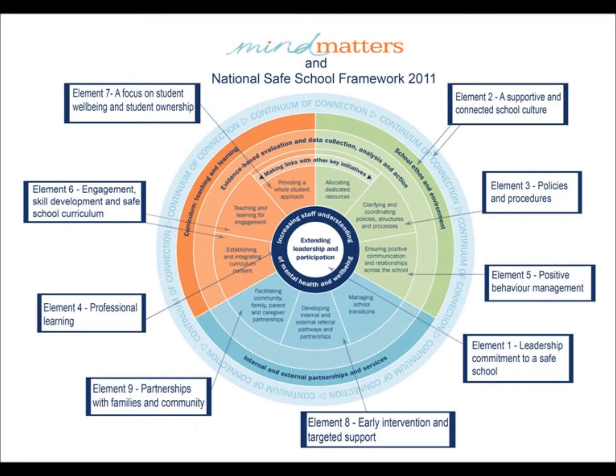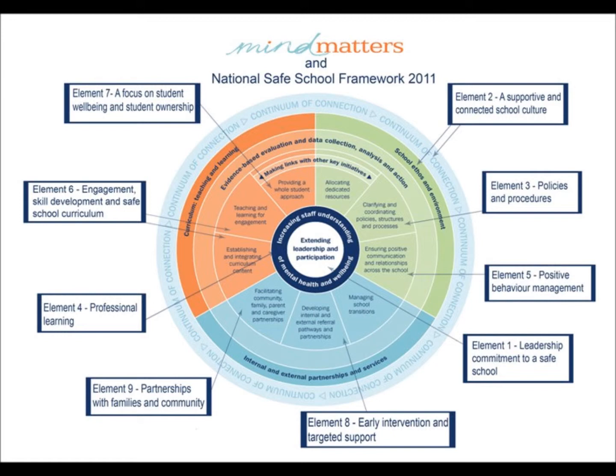Here I've used the Mind Matters implementation model to show how Safe Schools Framework relates to the whole community. The key dimensions are clearly defined by colour and are curriculum, teaching and learning, school ethos and environment, and internal and external partnerships and services.